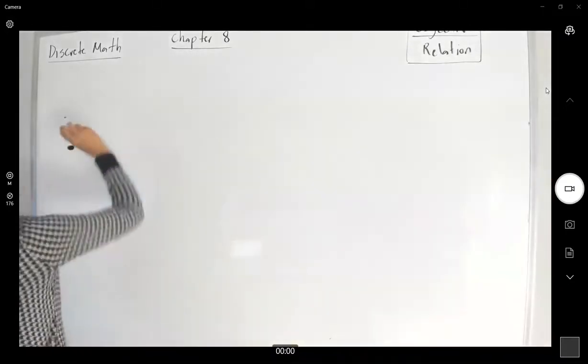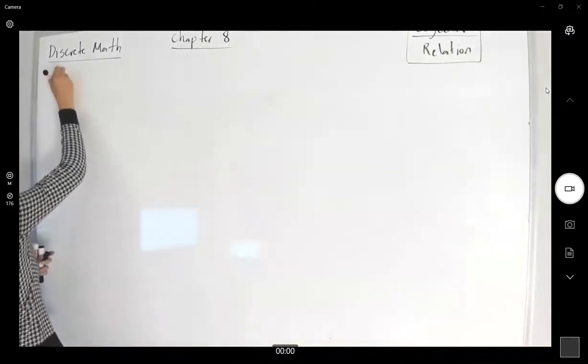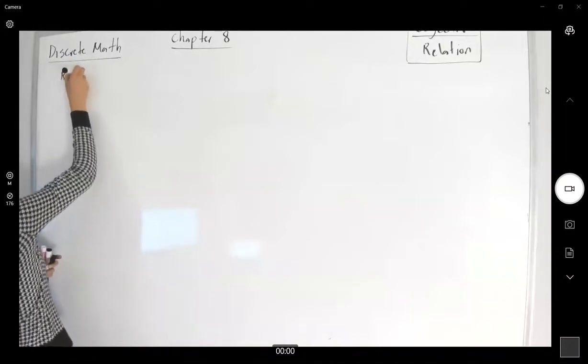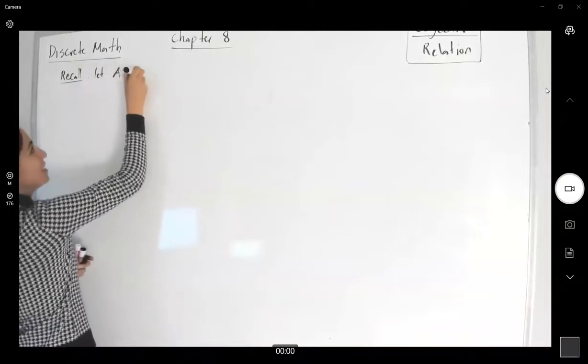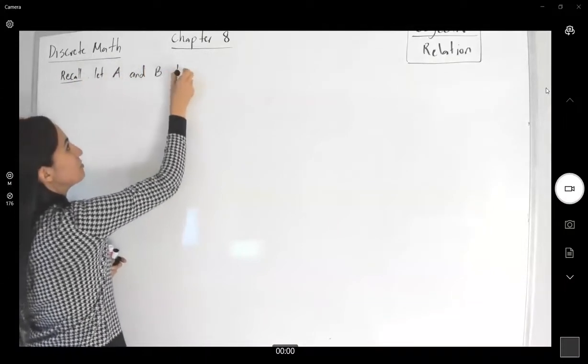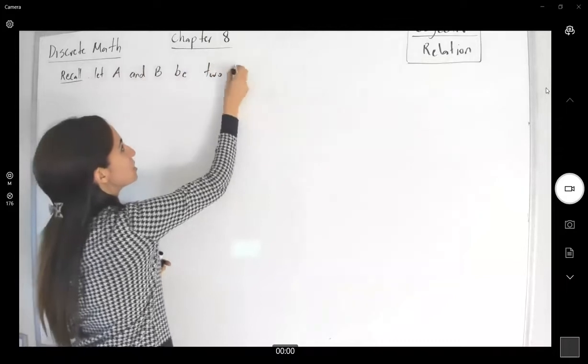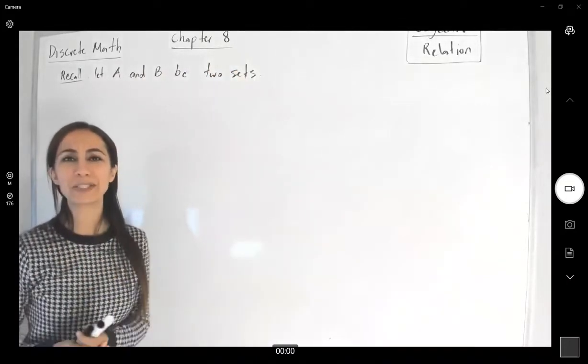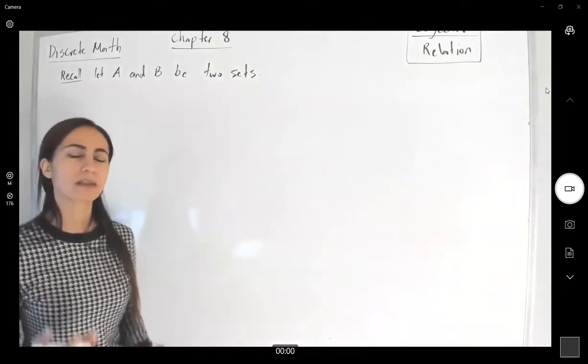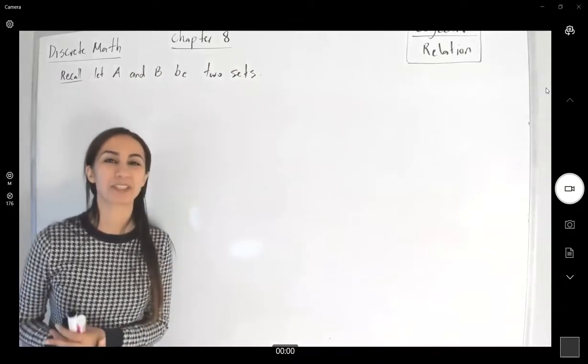So I'm going to just write down this recall for you. Recall, let A and B be two sets. What we can do is take these two sets and construct the Cartesian product between them.